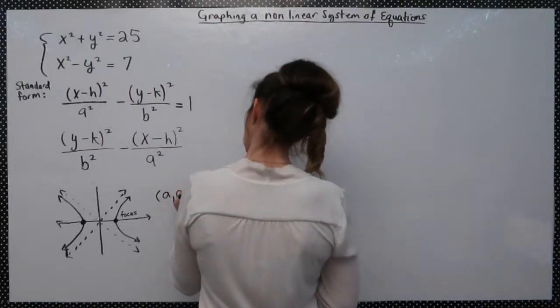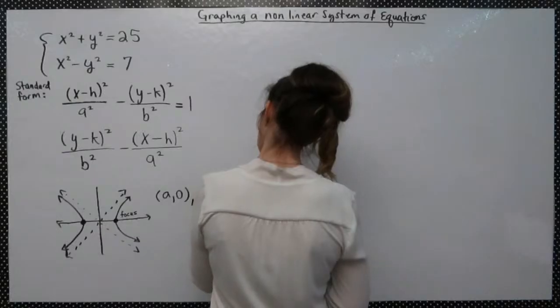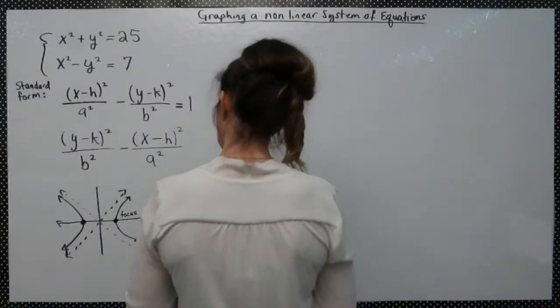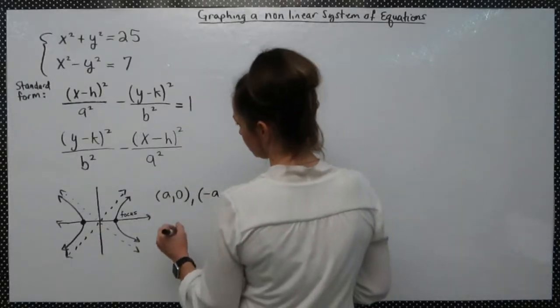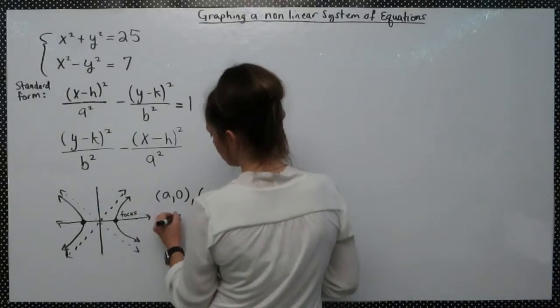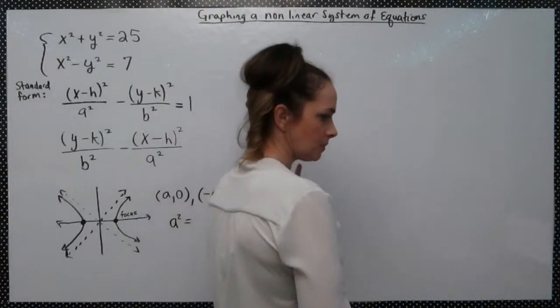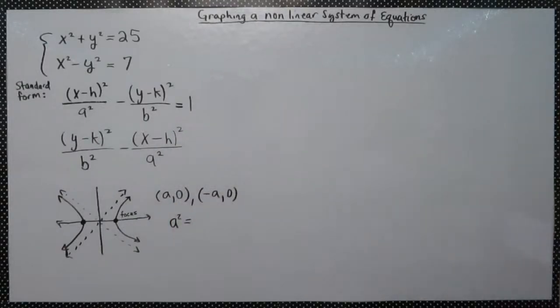And it's going to be negative a comma 0. And then you find it by taking a squared equals... okay, this one I'm not sure.